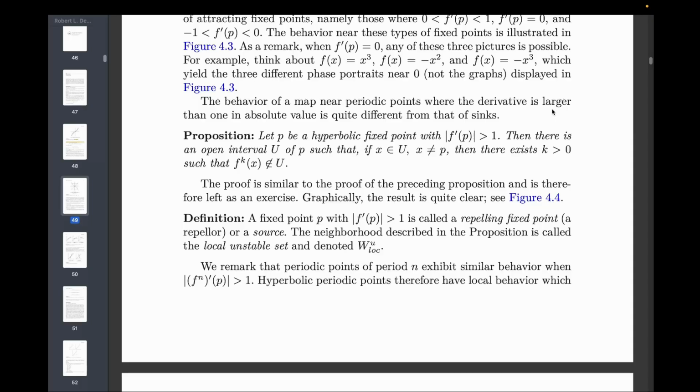It's kind of like something repelling something away, like a magnet. And they call it a source, which is not as intuitive as a sink, but I guess a source means it emits stuff, so things go away from it. And it relates it to an unstable set, I guess, because things move around a lot, so I guess that's what unstable means.